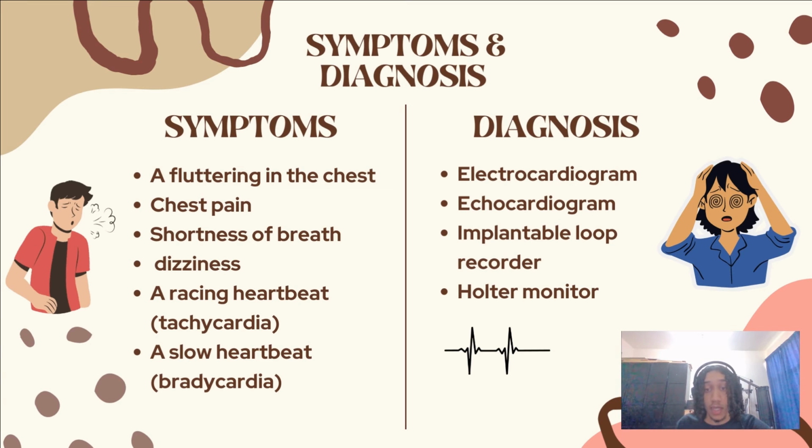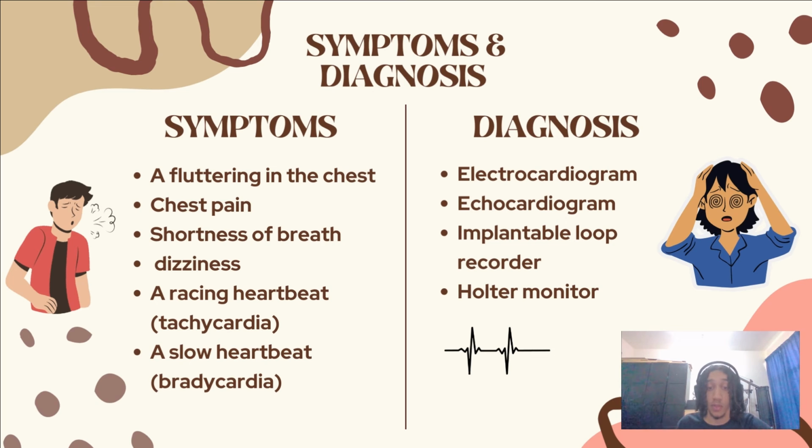To be able to diagnose an arrhythmia, doctors may use these devices: an EKG, which is an electrocardiogram. It records the electrical activity of your heart. An echocardiogram uses ultrasound to check your heart muscles or valves.